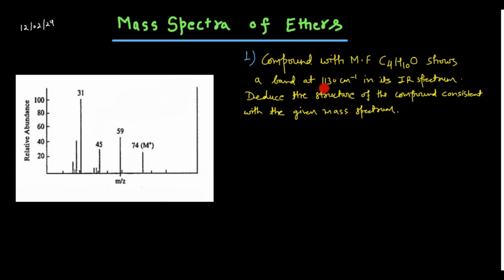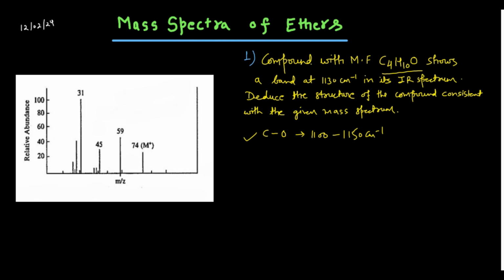Here it clearly states that near 1130 centimeter inverse you are getting a band, and when you have ethers, the carbon single bond oxygen basically gives a band in the IR spectrum in the range 1100 to 1150 centimeter inverse. So it is clear that this compound has a C single bond O linkage, right? This is the first job which we have to do.